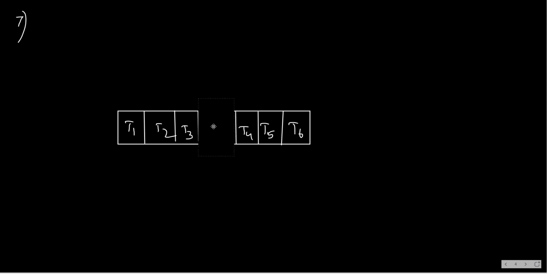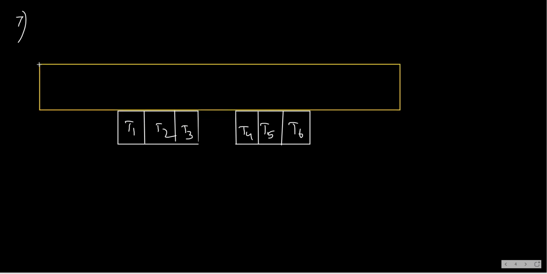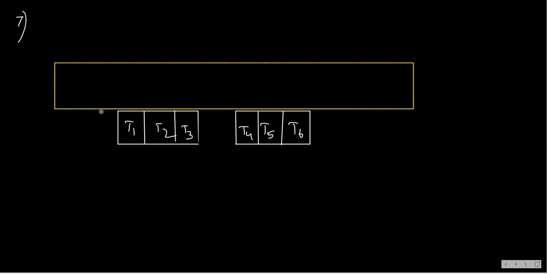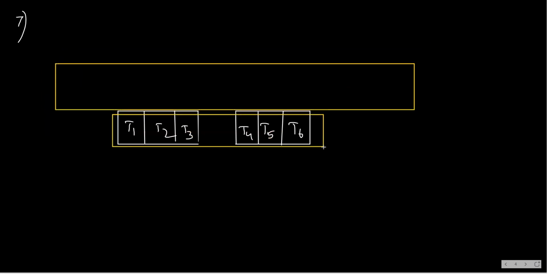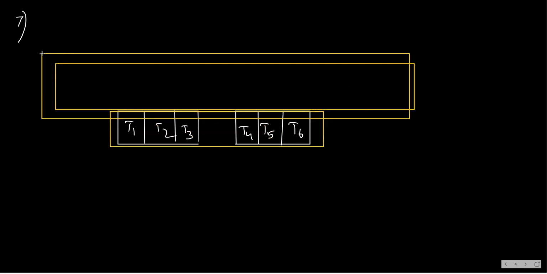So there are 6 teachers in the first row. They say, and 18 students are in the second row. So in the second row, there are 18 students. This is first row, and this is second row.